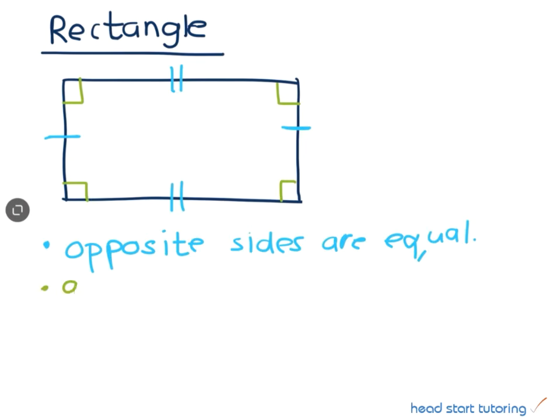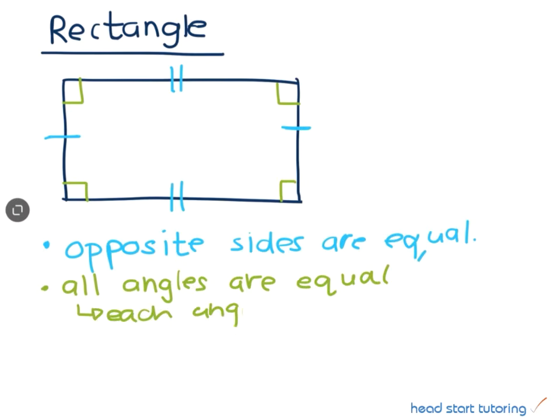Okay, so all angles are equal, and each of those, so each angle is equal to 90 degrees or a right angle. Right, so that is important for us to know. Opposite sides are equal, and all 4 angles are equal, and each of those angles is equal to 90 degrees.